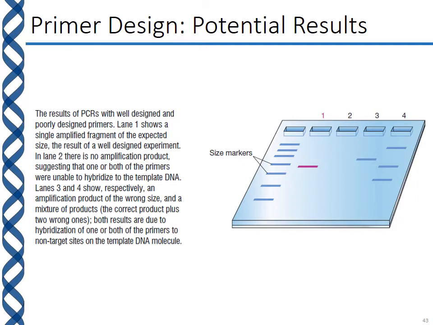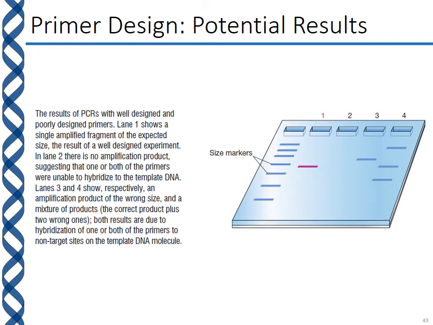So this is a good diagram showing some of the potential results from various primer designs. In the first lane of the gel, we see an amplicon generated from specific primer binding to the location of interest of the target DNA. In the second lane, you see no amplicon.